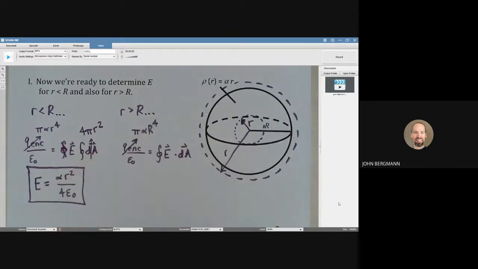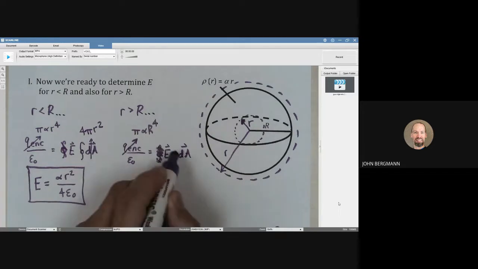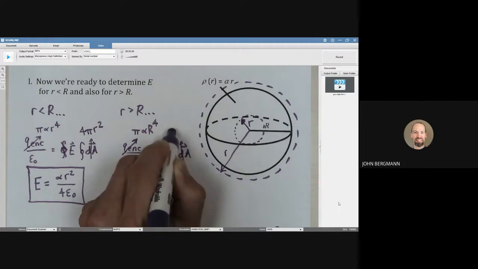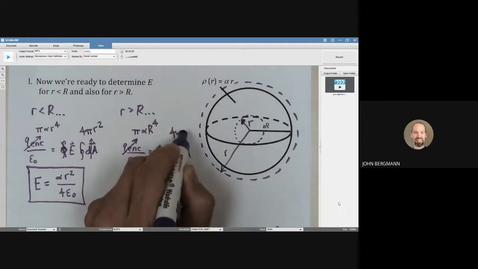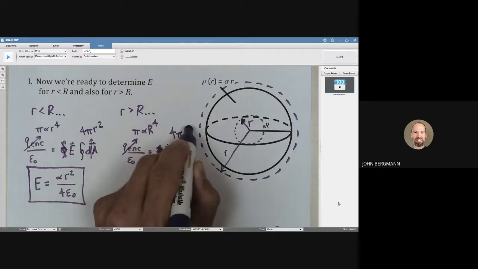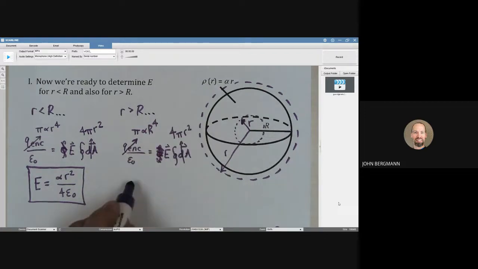The electric field magnitude is equal everywhere, so we pull it outside the integral. We integrate dA, which comes out to be 4 pi little r squared, as we see from our Gaussian sphere. When we simplify that, we get an electric field of alpha R to the fourth over 4 epsilon naught little r squared.